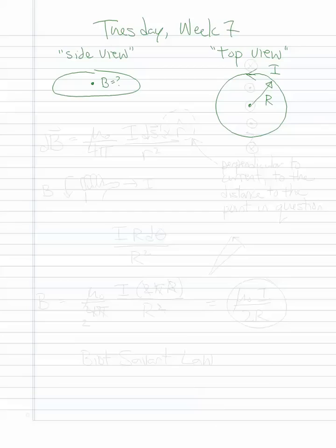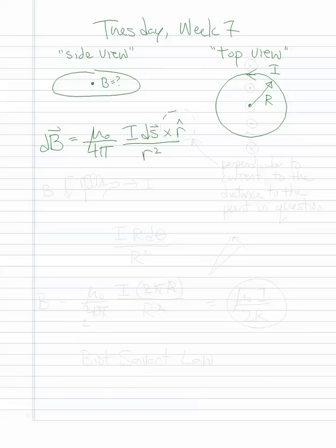But what you want to do is start with the definition of what magnetic field means. A little bit of magnetic field is mu naught over 4 pi times the current times a little bit of that current's path along the direction that the current is flowing cross r hat all over r squared.